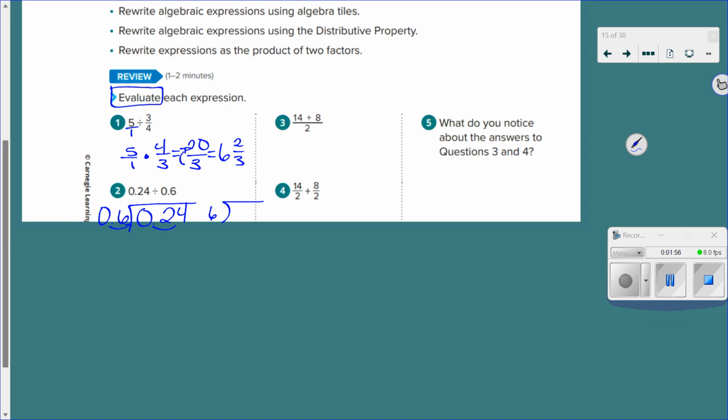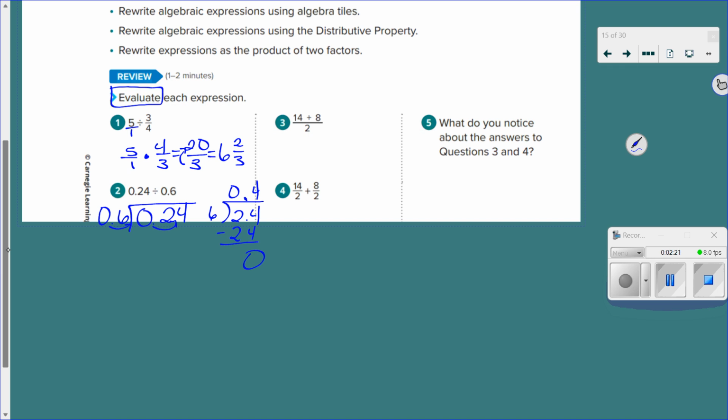Also only 1. So that gives me 2.4. Then I can bring my decimal up into my answer and divide. Can 6 go into 2? No. Can it go into 24? Yes. How many times? 4. So I get 0.4 as my answer. Any questions?